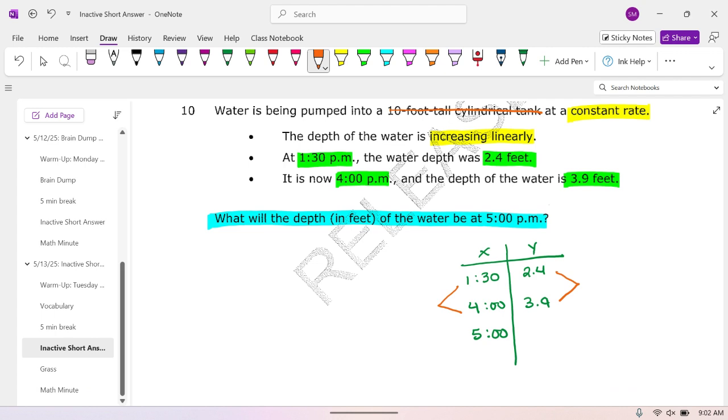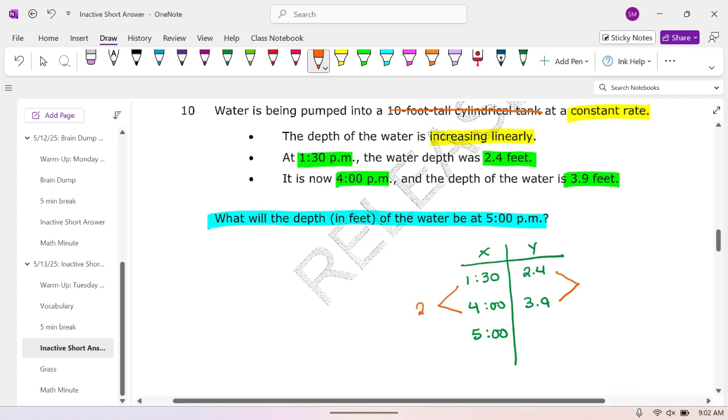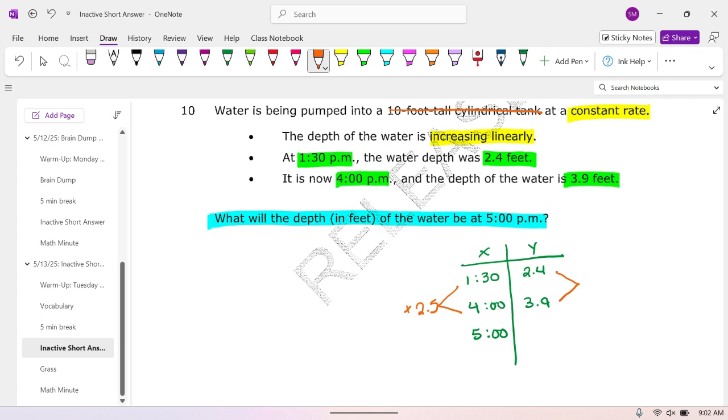So how many passed? 2.5. So 2.5 hours have passed. So in other words, they added 2.5. Now, how many hours have passed from 4 to 5? Plus 1. How much water was filled between 1:30 and 4 o'clock? So what's the difference between 3.9 and 2.4?